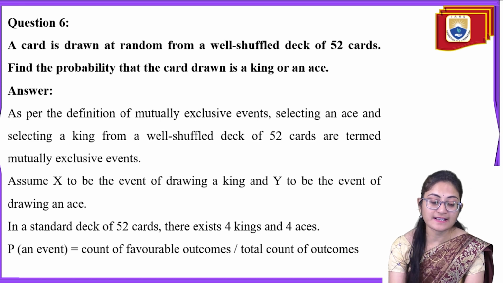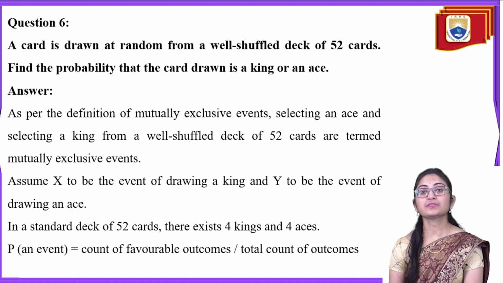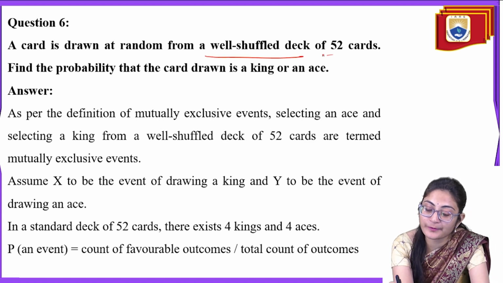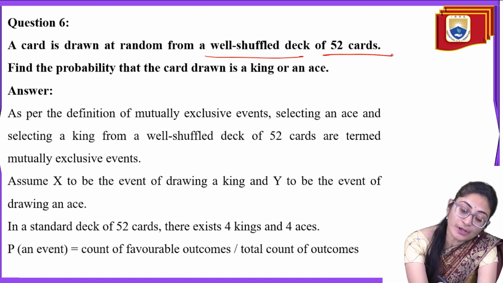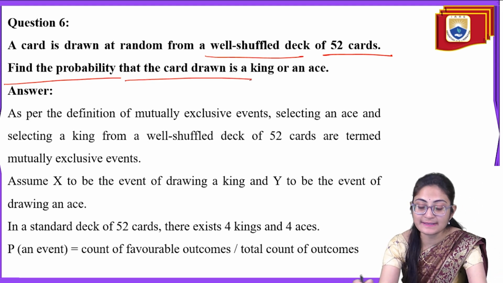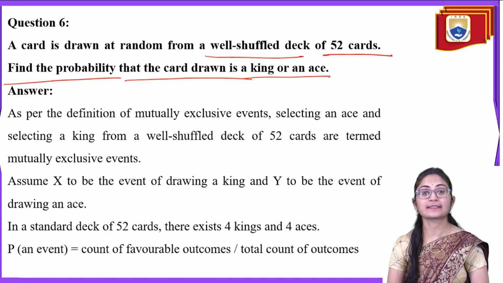Now next question: a card is drawn at random from a well shuffled deck of 52 cards. We have to find the probability that the card drawn is a king or an ace.